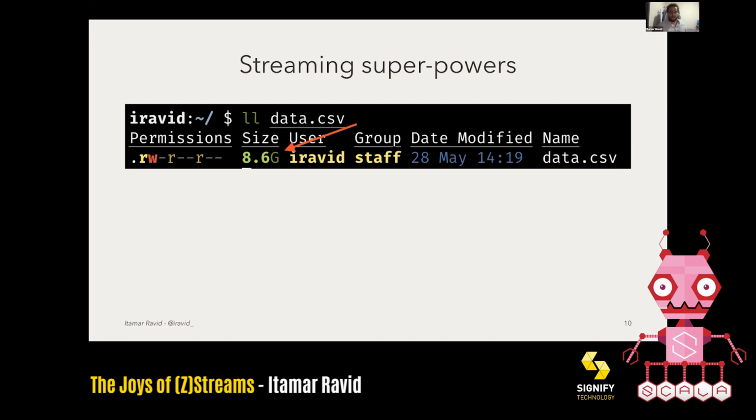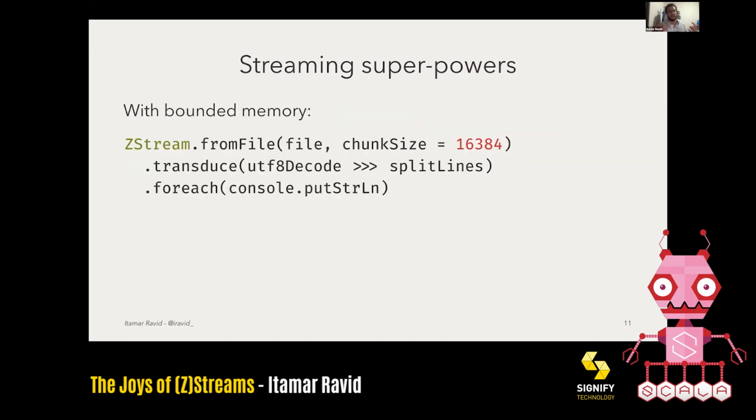Well, instead, we could just use streams, right? This is the same functionality. We're constructing a stream from a file with a chunk size of 16 kilobytes, transducing all the chunks. Transducing is a fancy word for stream transformation, by decoding the UTF-8 bytes and then splitting the lines. And then we just print out every line that passes through.